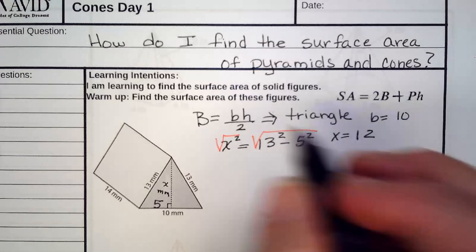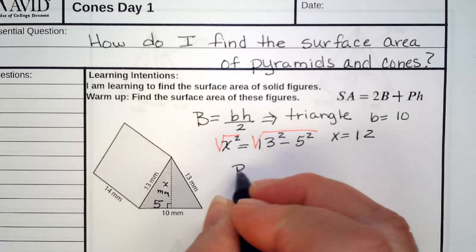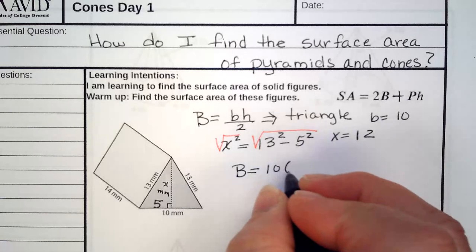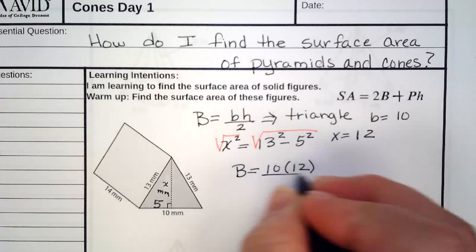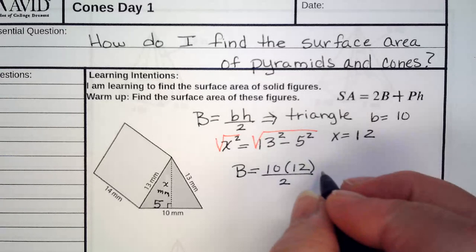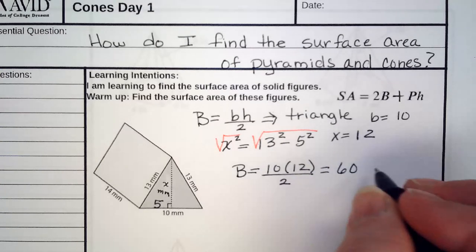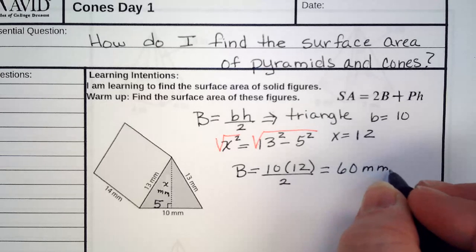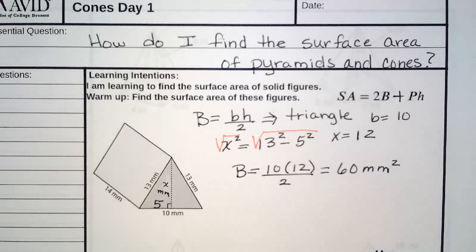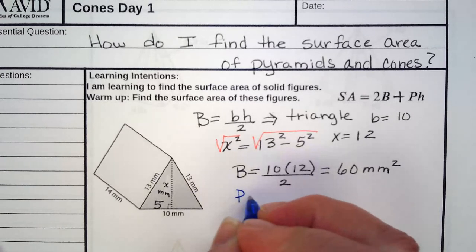So putting it all together, my base area is equal to 10 times 12 divided by 2. Half of 120 is 60, and that will be millimeters squared. Okay, we still need to find the perimeter, and it's the perimeter of the triangle.